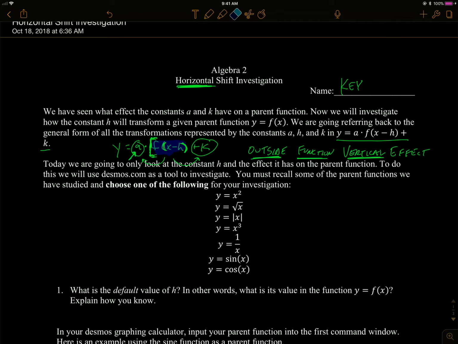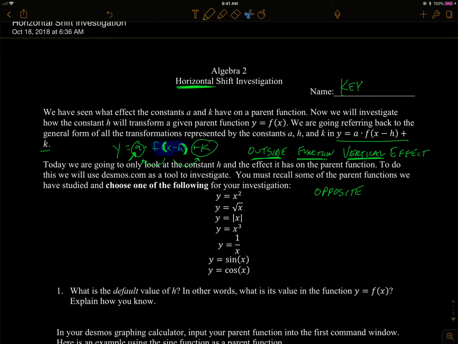Okay, so the stuff in the brackets is the y, but when I say inside the function, I mean inside the parentheses. Now here's the other thing about the horizontal shift. Because it's inside the function, it's going to do the opposite of what you would think. So I'll write it like this.